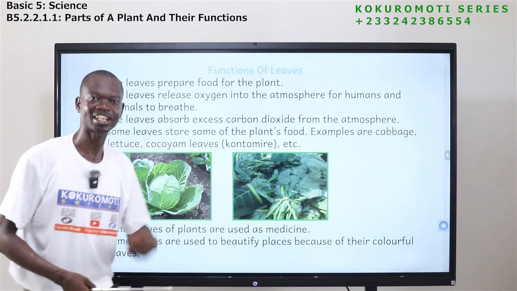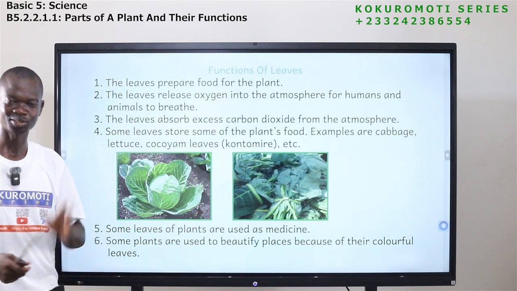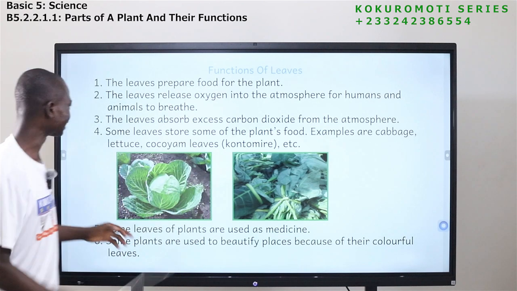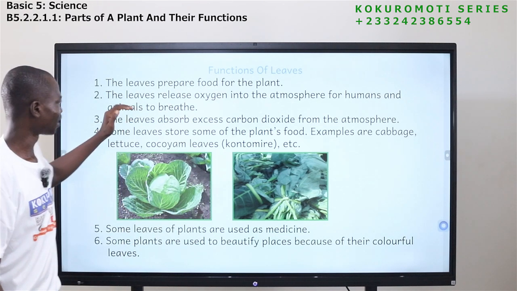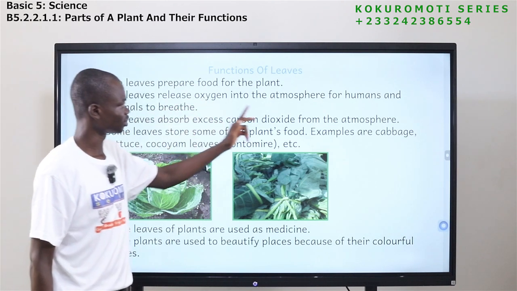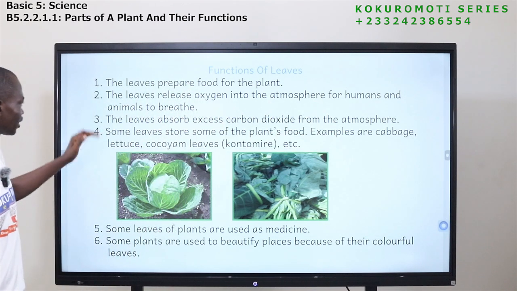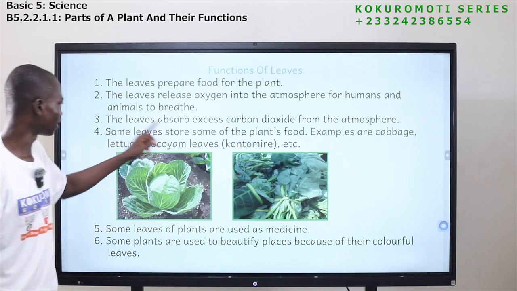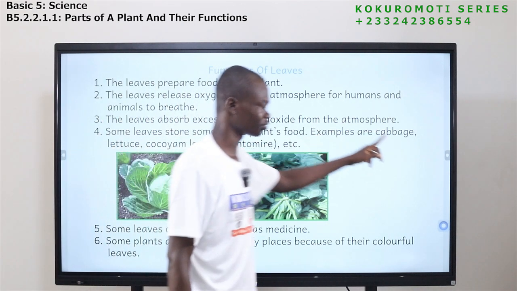Plants also get carbon dioxide from animals and humans. So the leaves of plants release oxygen into the atmosphere for humans and animals to breathe.